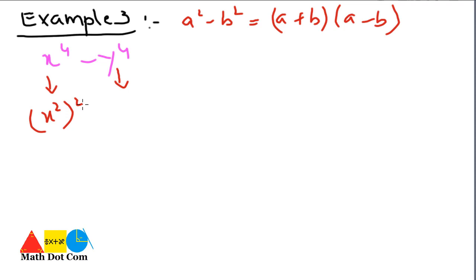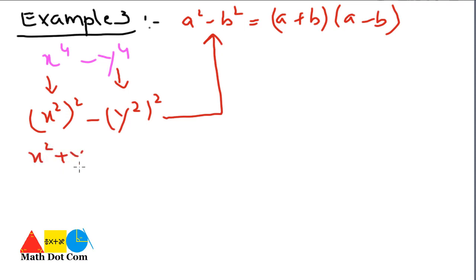This is how we break the power into squares, minus y square into square. So we have got this form, exactly the same as the identity. So we can write in the form of a plus b and a minus b as x square plus y square and x square minus y square.